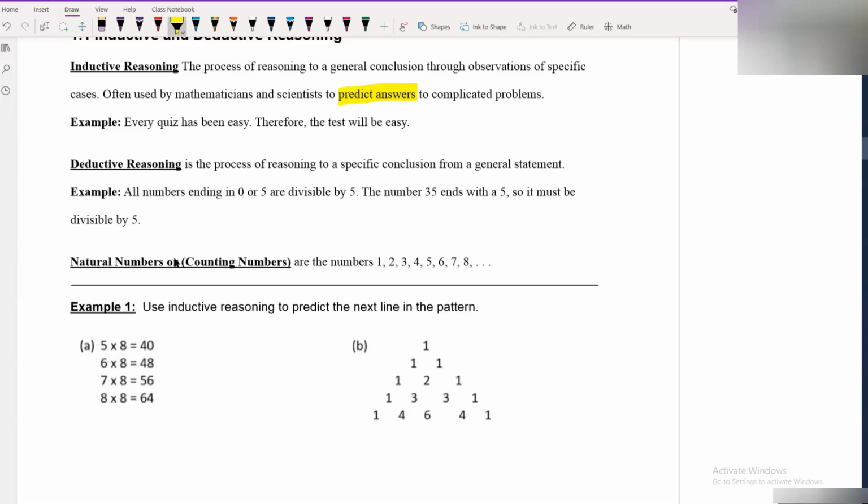This is the rule that we have in mathematics. All numbers that end in 0 or 5, we should be able to divide by 5. So 35 divided by 5 is 7.